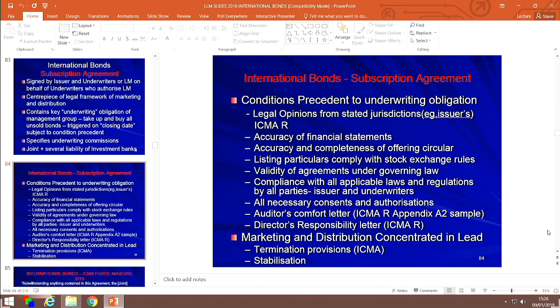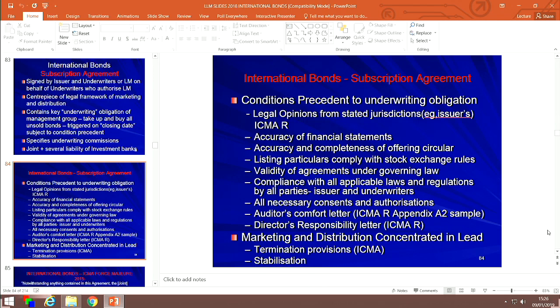A representation and warranty of the accuracy and completeness of the offering circular. Don't forget two things, accuracy and completeness, not simply accuracy, it's completeness as well, meaning all that should have been included should have been there. If not, the condition precedent is not satisfied.